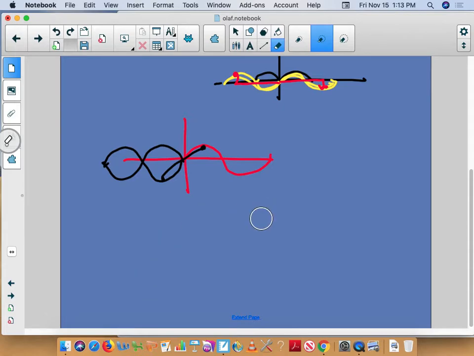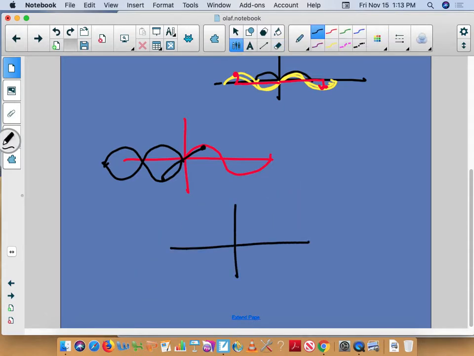Anyway, Margot, it could look like this. I could have something out here. There are lots of graphs that aren't defined everywhere. So Margot, let's try to draw this one odd. Even I think is a whole lot easier. I could probably freehand this one and make it even. But if I want to make it odd, I struggle with that, so I have to use points.